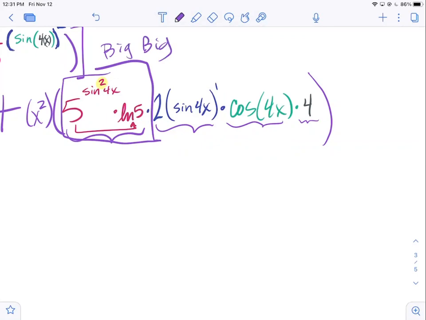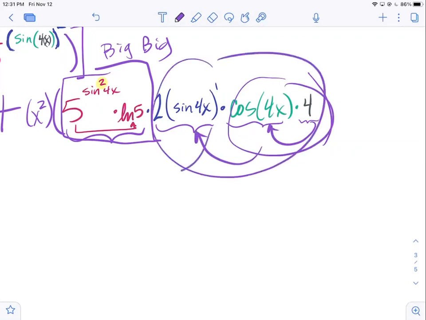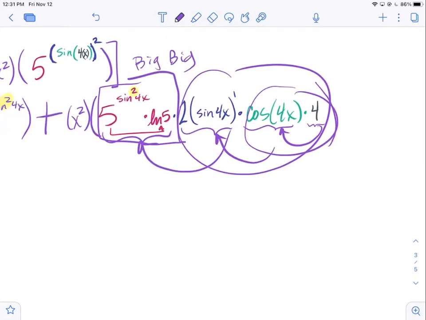And everything else would package back up. This would go back inside there, and then that would go back up inside there, and then all of this goes back inside there. And then we integrate the big box, okay? In other words, the original rule was the exponential rule, and that's how we got that first red factor. But that's just kind of thinking ahead, all right?